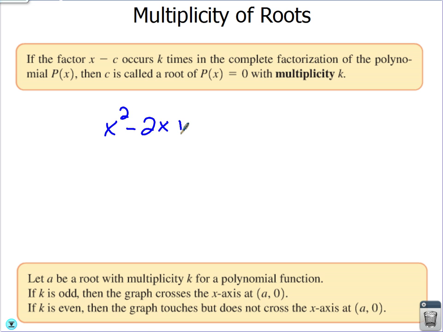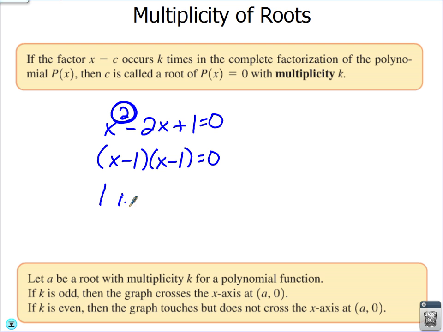X squared minus 2x plus 1 equals 0. Factors into x minus 1 times x minus 1. I just told you this should have 2 solutions. It does. What are the 2 solutions? 1 and 1. 1 is a solution, or a root, or an x-intercept, or a 0. 1 is a solution of multiplicity 2.